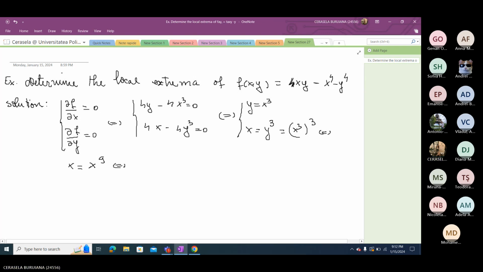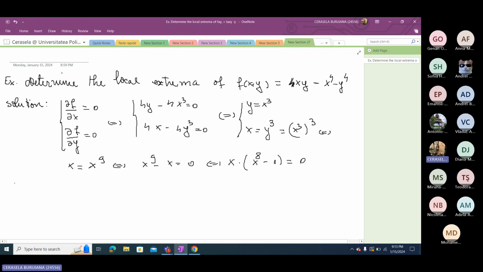Good. Or if I want, I can take x and bring it to the right, and we get immediately that x power 9 minus x equals 0, which is equivalent to the fact that x times (x power 8 minus 1) is 0.